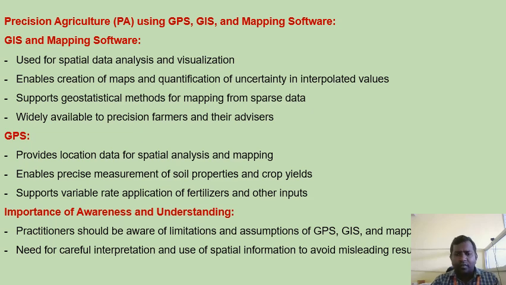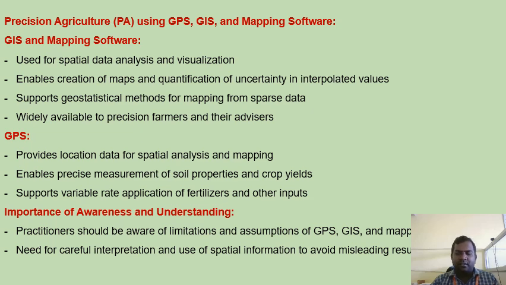GPS should be used properly in the field of precision agriculture because most of the systems are automated, and automated systems need the perfect location, and the data of the terrain also should be known properly. That provides detailed mapping for crop monitoring and for the automated vehicle travel path. So there are many purposes we can use it for.